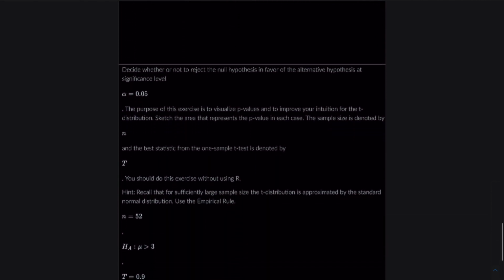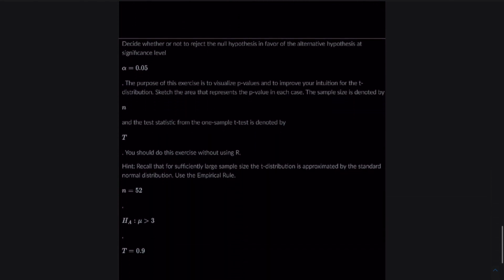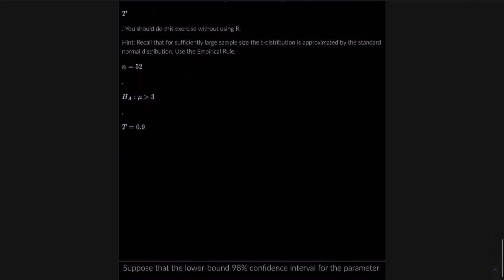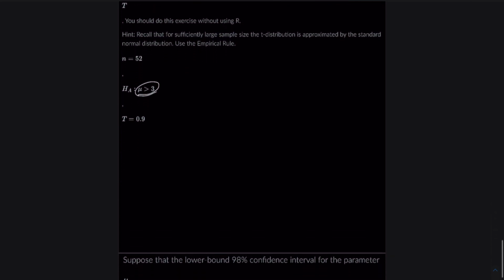Okay, decide whether or not to reject the null hypothesis in favor of the alternative hypothesis at significance level 0.05. And remember, this means a 95% confidence interval. So now the alternative is mu is greater than 3, and our test statistic is 0.9. That's basically saying we are 0.9 standard deviations away from the middle, so that'd be about right there.